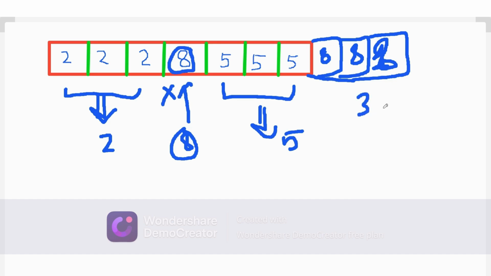Though the single 8 would also give the 8 value, we are looking for the longest subarray. So in this case the subarray of size 3 would be the longest. So this is what we have to do. Our rectified question is: find the maximum element and its maximum consecutive streak. This is all we have to do.